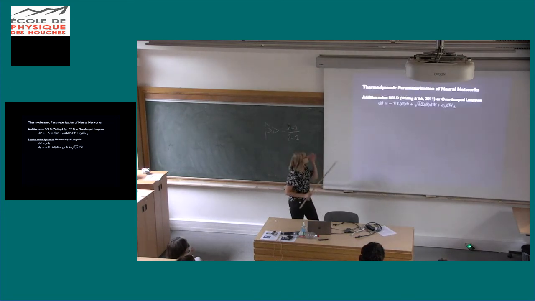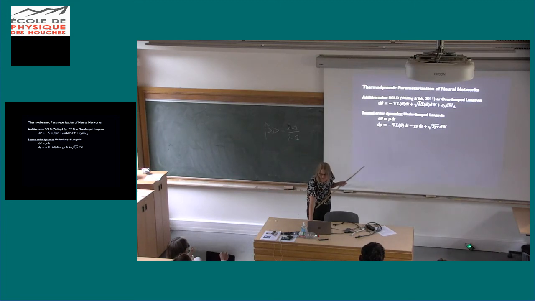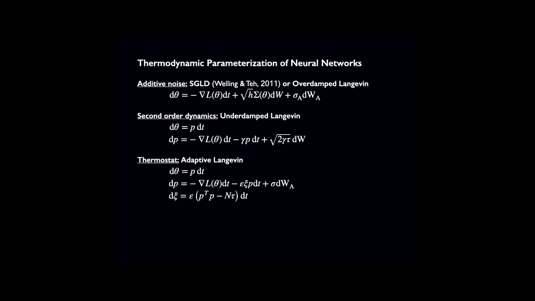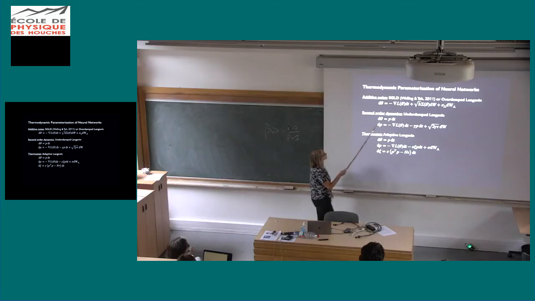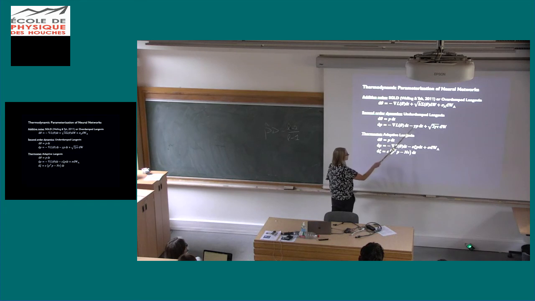Let's see. Right, so we have this, and now there's one more equation, and then we're done. So what I didn't mention here is that, of course, this gradient is perturbed, right? Because we subsample the data. So can we maybe get rid of some of this excess noise? So we looked at this adaptive Langevin method, which is kind of a cool idea. What they do there is that they reinterpret this friction variable here as a dynamical variable.